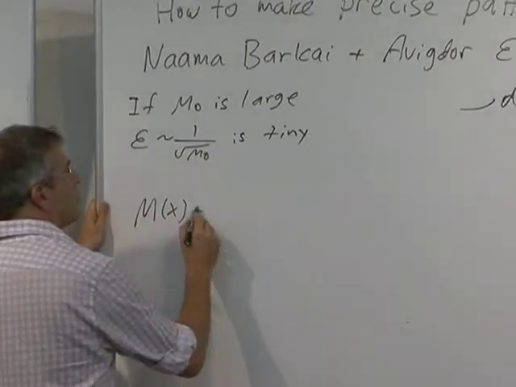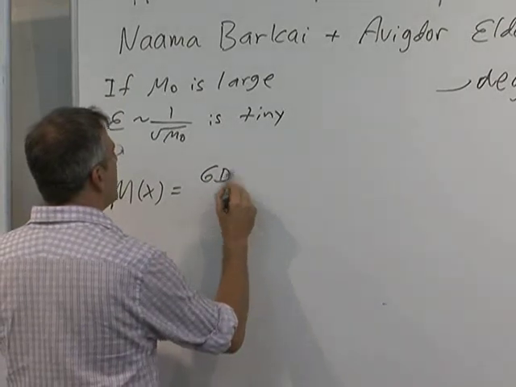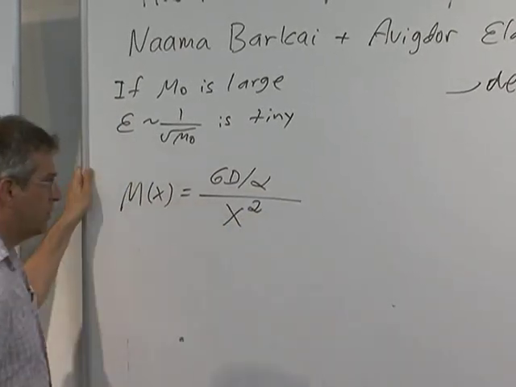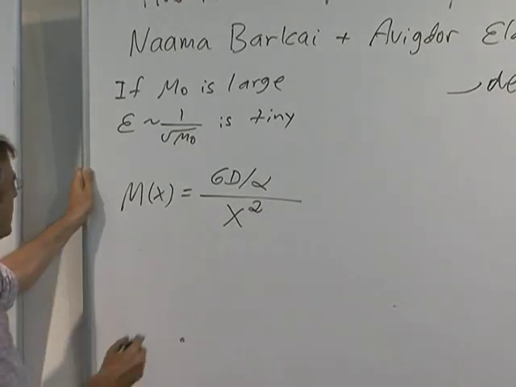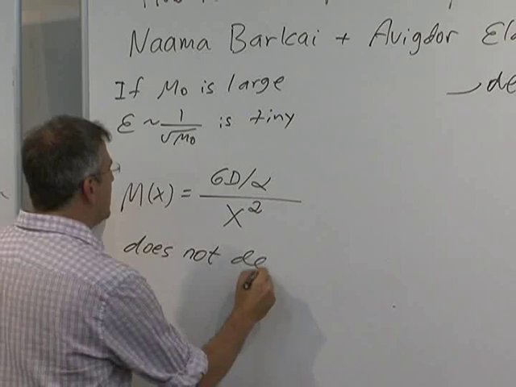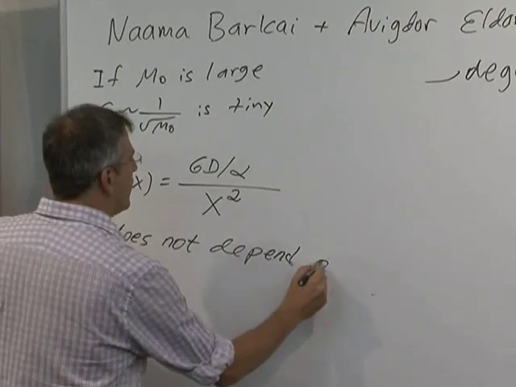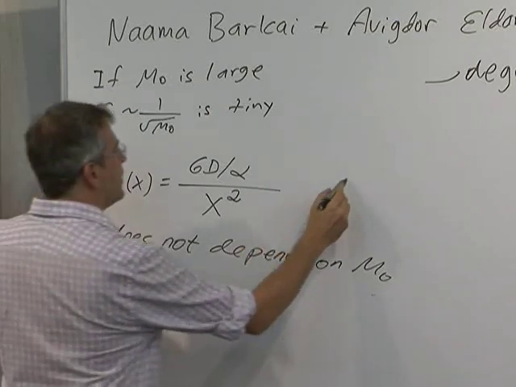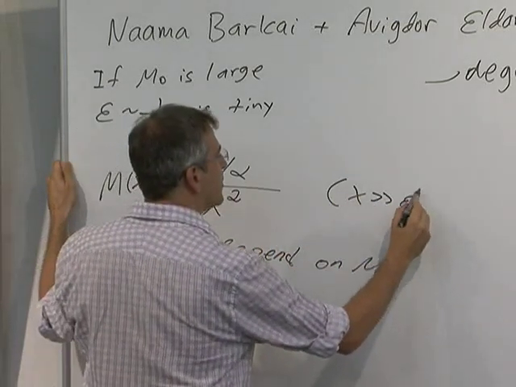Our morphogen gradient looks like some constant divided by x squared, which does not depend on m0 at all. X larger than epsilon, right?